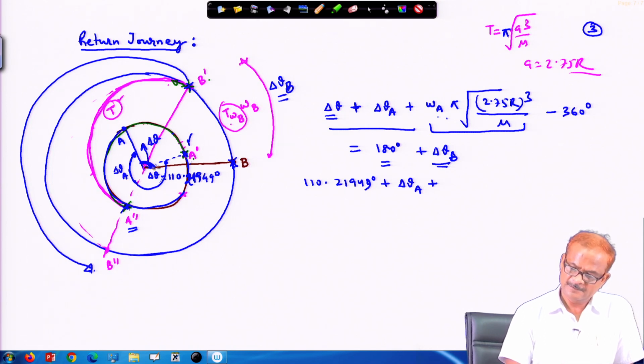So, delta theta plus delta theta A comes to this place and then goes back, and we are taking the position of B as a reference line.